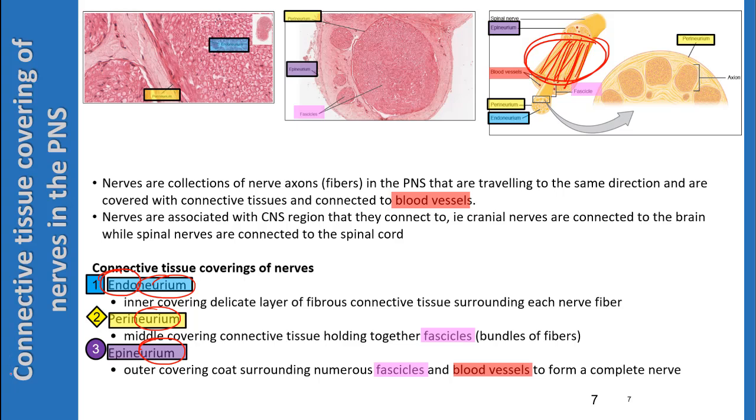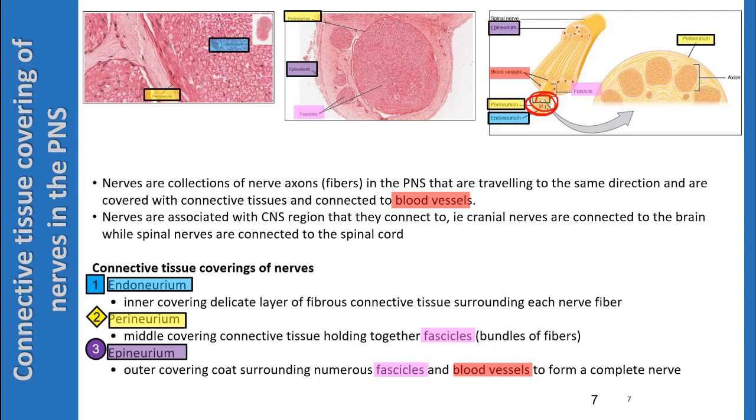And those nerve axons are then bundled into fascicles, right? Similar to muscle fascicles. So you've got endoneurium covering each nerve axon, and then they're bundled into these fascicles. And each fascicle has a perineurium covering it.